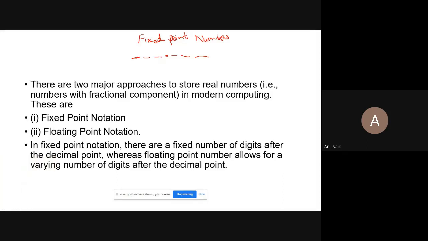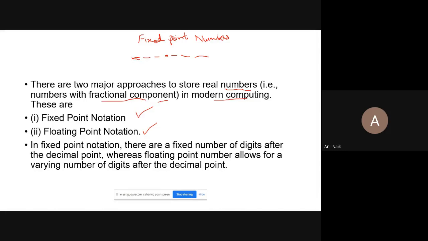So this is the fixed point number. There are two major approaches to store real numbers, that is, numbers with a fractional component, in modern computing: fixed point notation and floating point notation. We'll study both. In fixed point notation, there are a fixed number of digits.